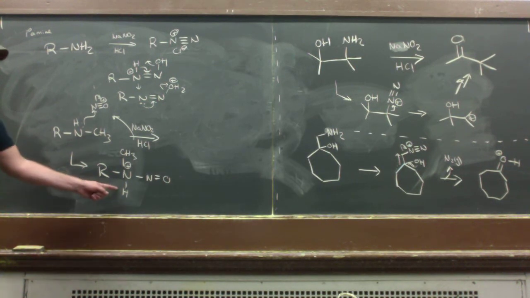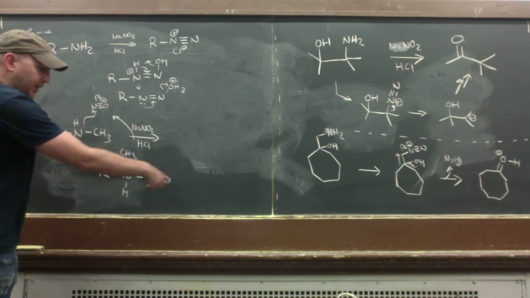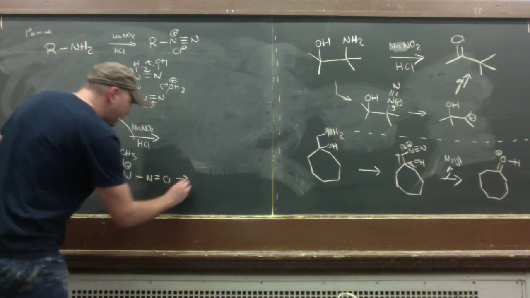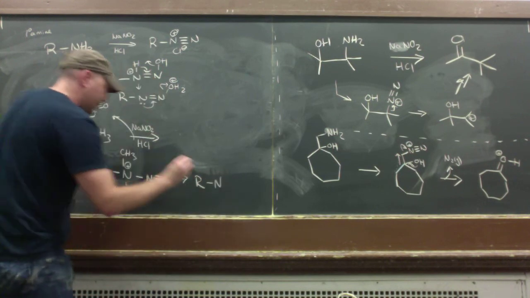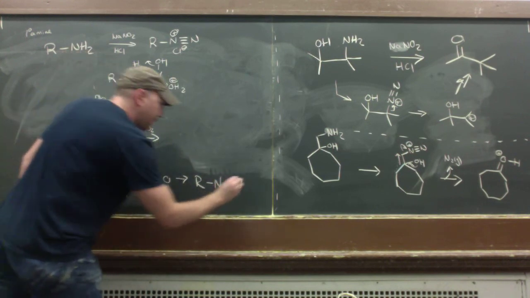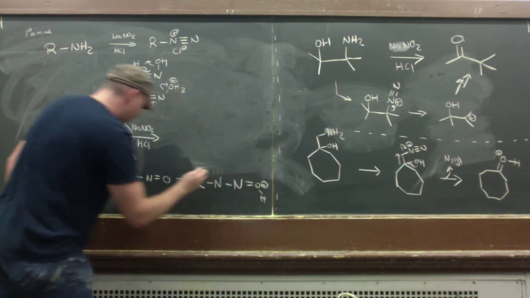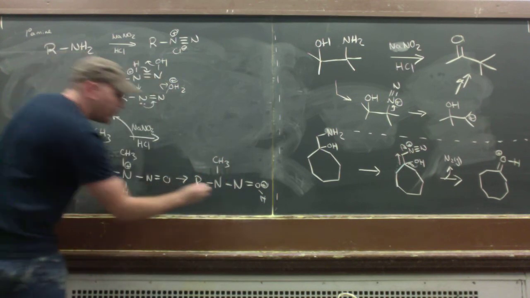And at this point, it's going to be very difficult to liberate water, right? Because once we abstract this proton, and let's say, for example, we put it over on that oxygen, we might be able to get to a system that looks like this.